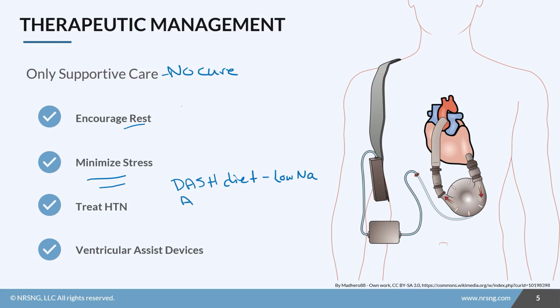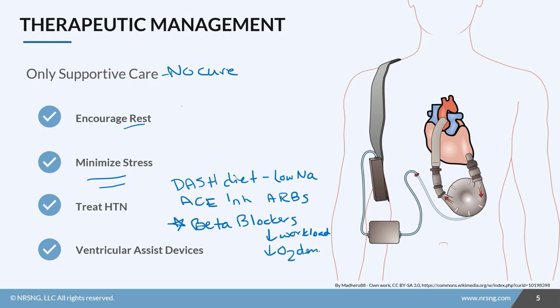We might see things like ACE inhibitors or ARBs. But the one that makes the biggest difference in the case of cardiomyopathy is beta blockers. They help decrease the workload on the heart by decreasing that force of contraction. This will also help to decrease the oxygen demand of the heart. So it doesn't have to keep working so hard, because the harder it works, the more damage it causes.